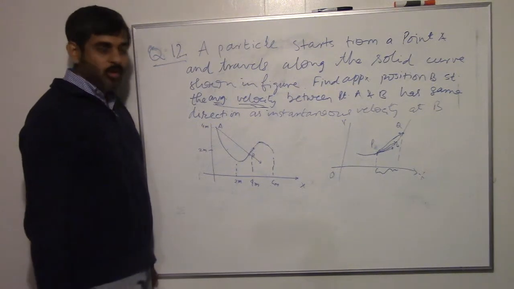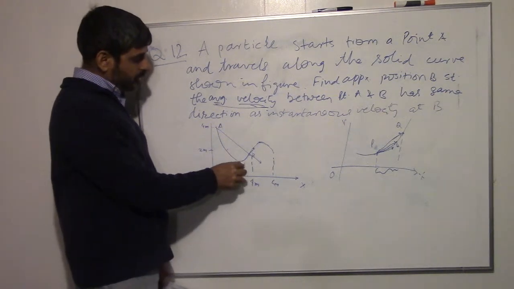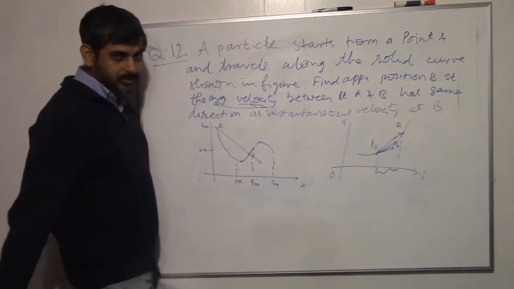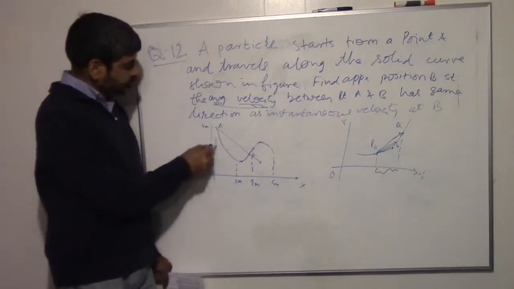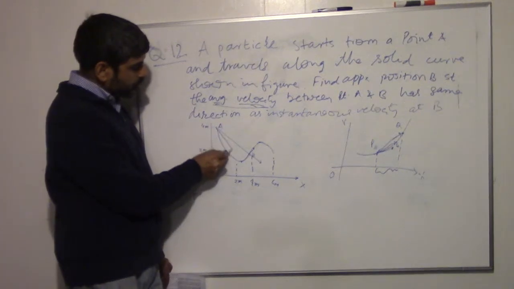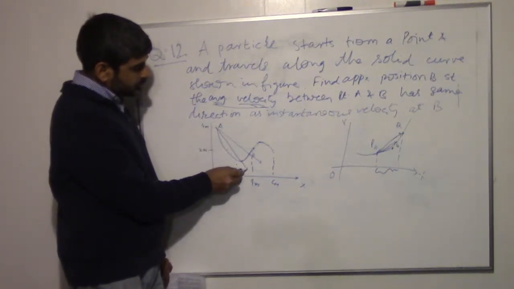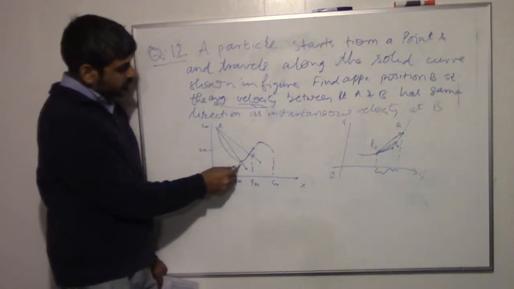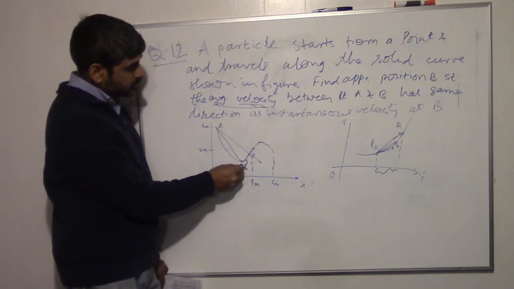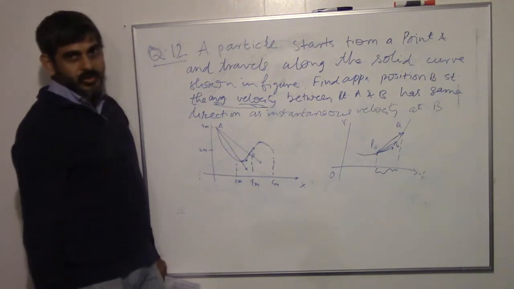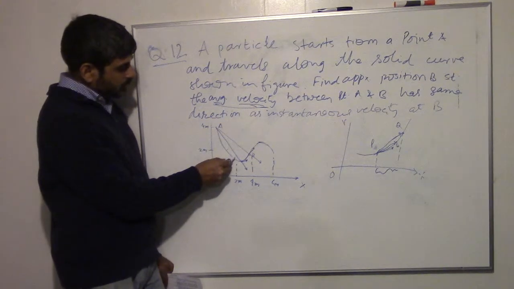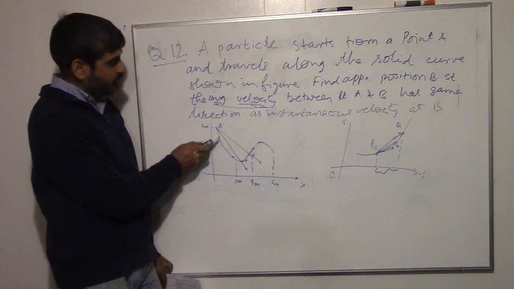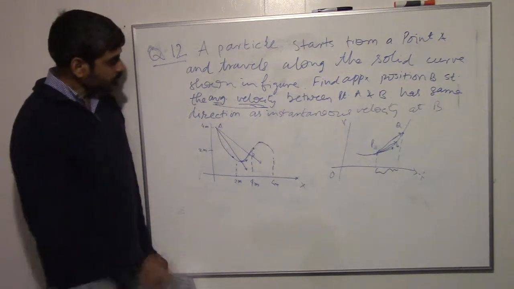Let us consider some more points. Maybe you can think that this is the point which has the same direction, because this is at the lowest point. Maybe this is the answer. So the direction is in this one, and the instantaneous velocity at this point is in this direction. They are also different. How about somewhere around this point? Let us say the solution is somewhere along here.